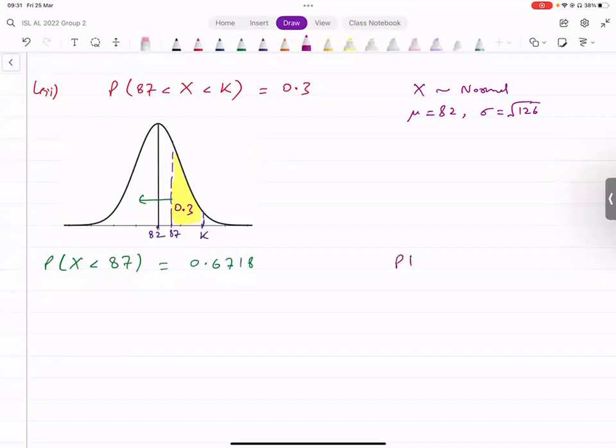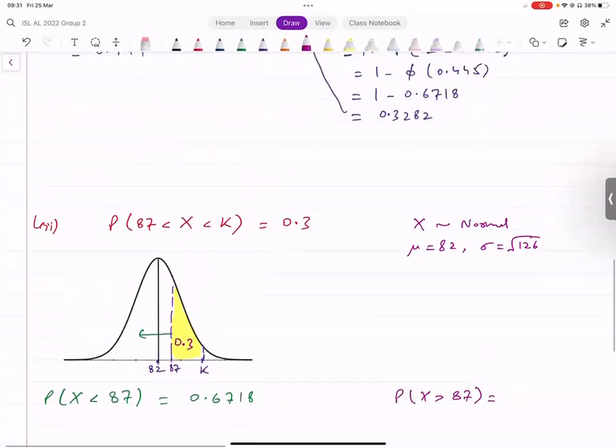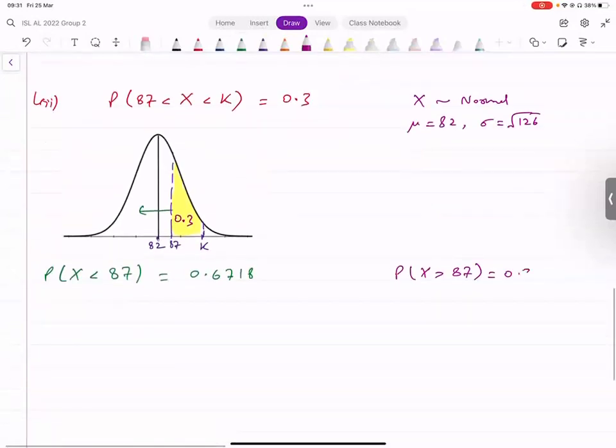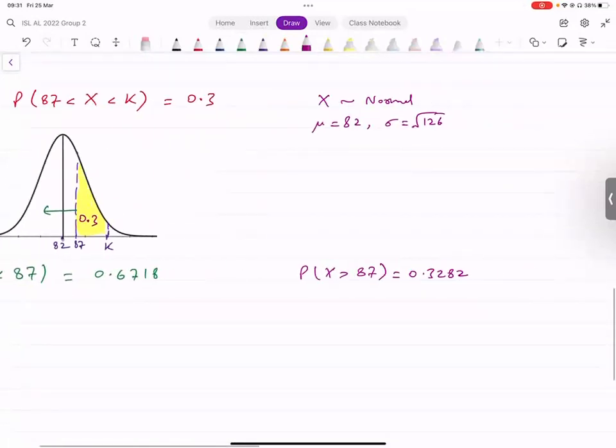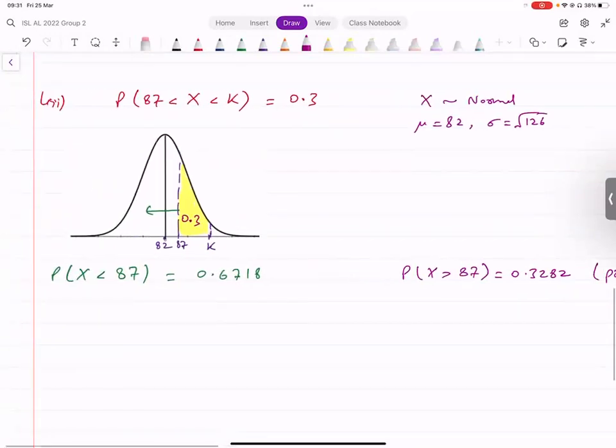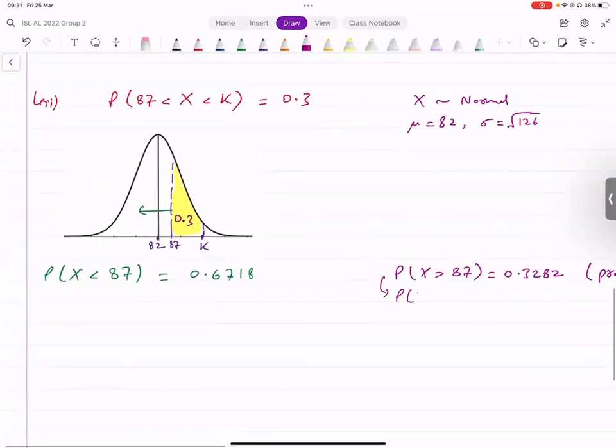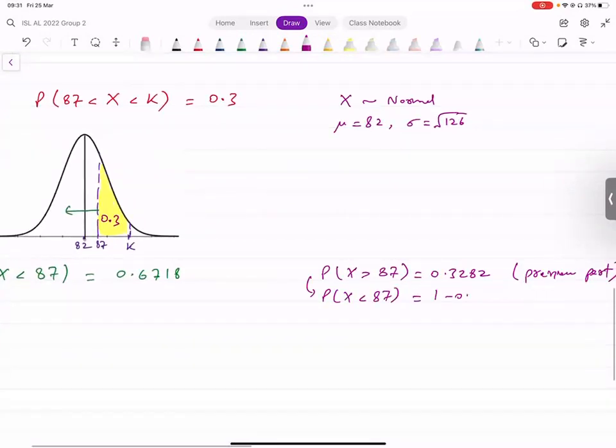Right? I can write that here on the side. हमने ये फाइंड किया था 87 greater than 87 की probability पिछले पार्ट में. That was 0.3282. ये हमने previous part में फाइंड किया. Okay? इसका मतलब ये हुआ x less than 87 कितना हो गया फिर 1 minus 0.3282, and that is 0.6718.